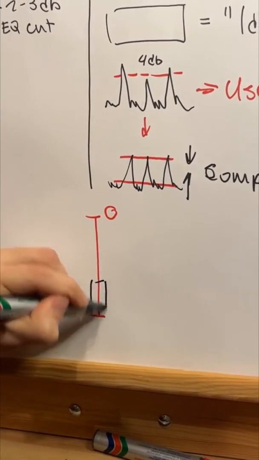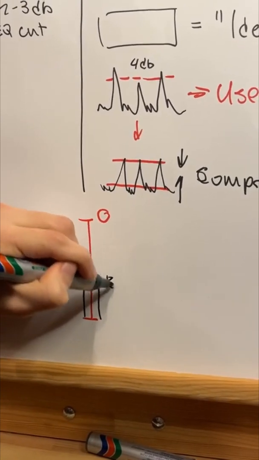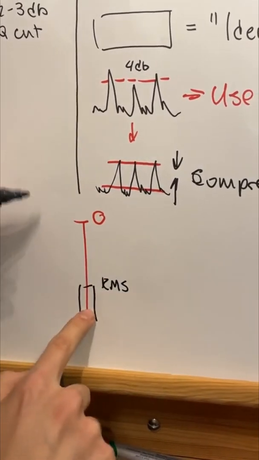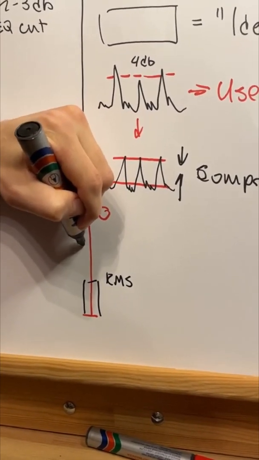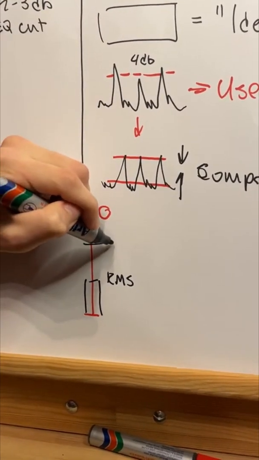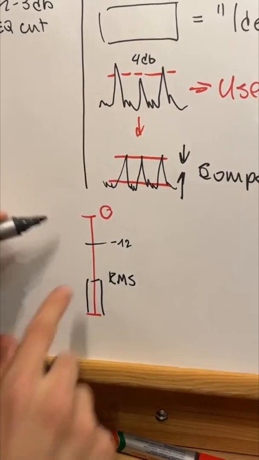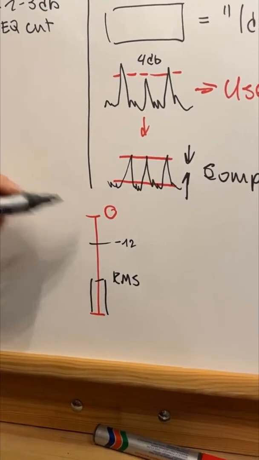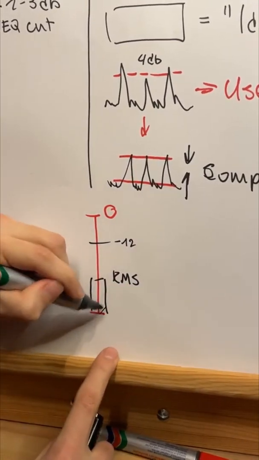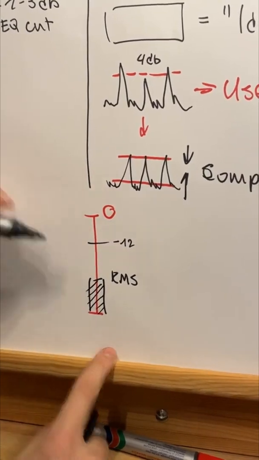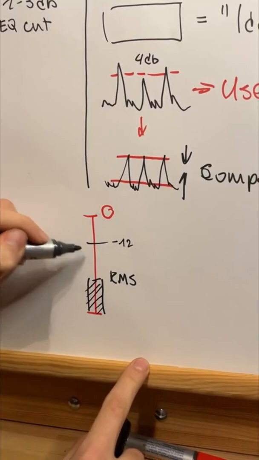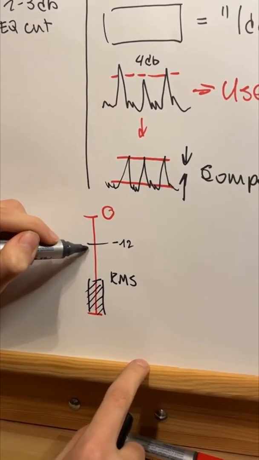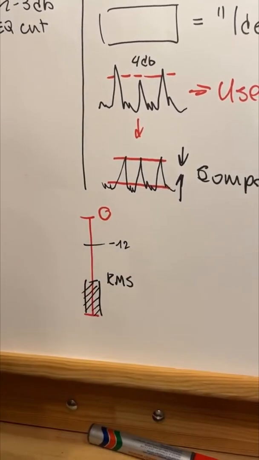This is our RMS, a consistent level, but let's say we have the peaks at minus 12. So this is what is happening. We have the consistent level, but the peaks peak at minus 11. So we still have some dynamics here.